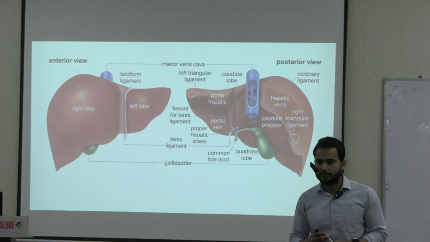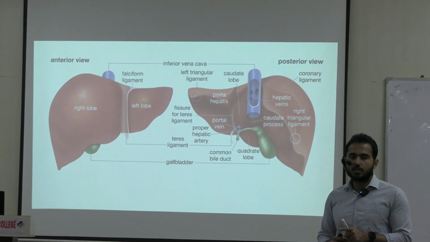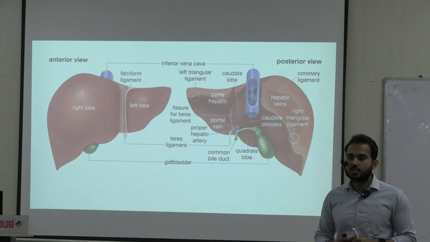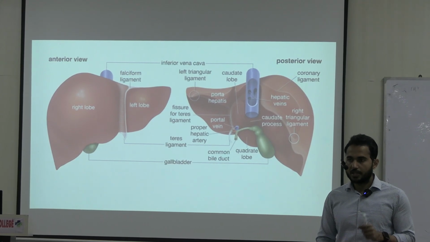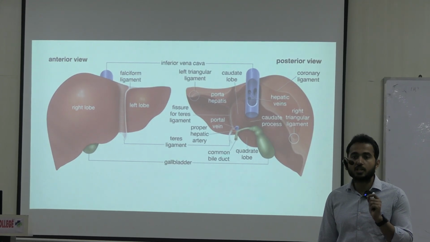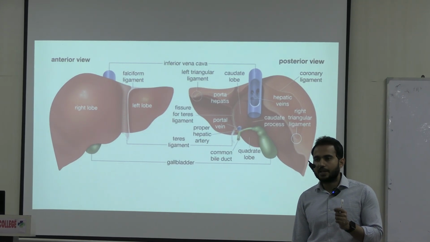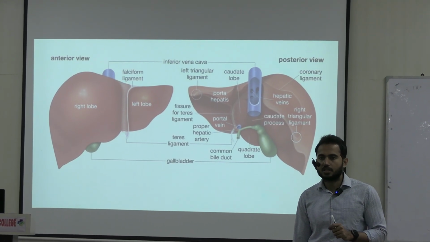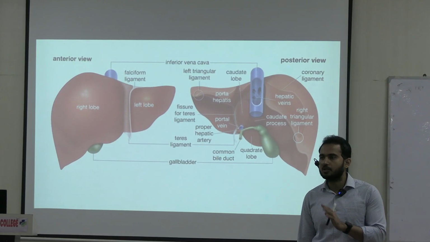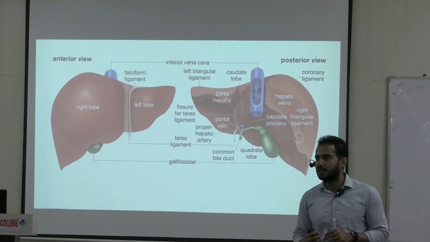Another important function of the liver is the production of bile. Approximately 800 ml to 1000 ml, or approximately 1 liter, of bile is produced by the liver every day in our body.